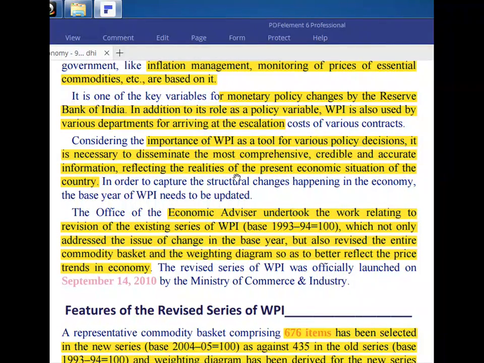In addition to its role as a policy variable, WPI is also used by various departments for arriving at the escalation cost of various contracts.